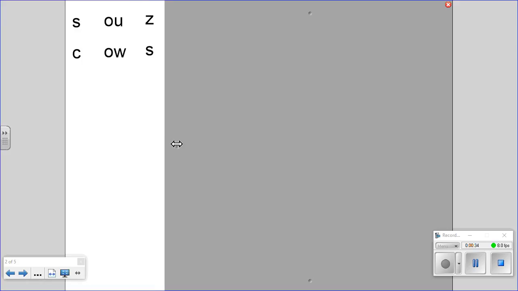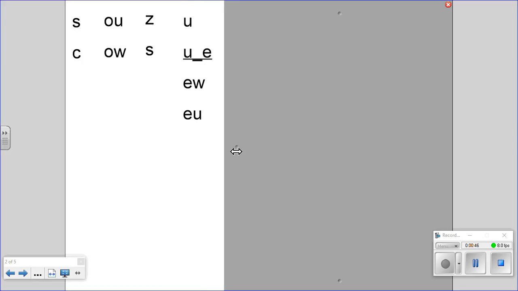Write the 4 ways to spell long U. Write the 8 ways to spell long E.